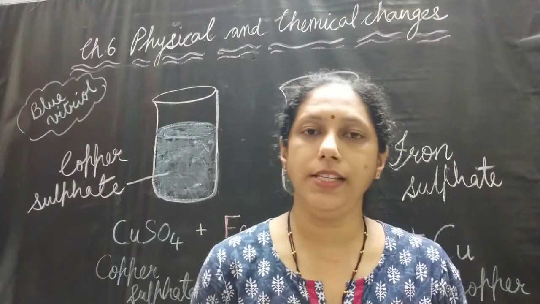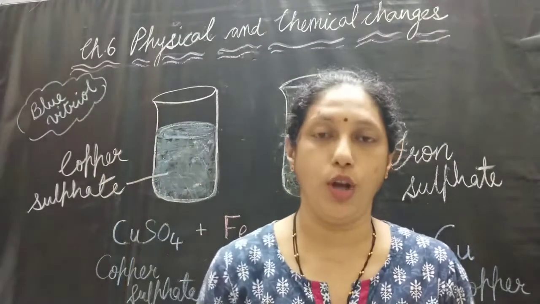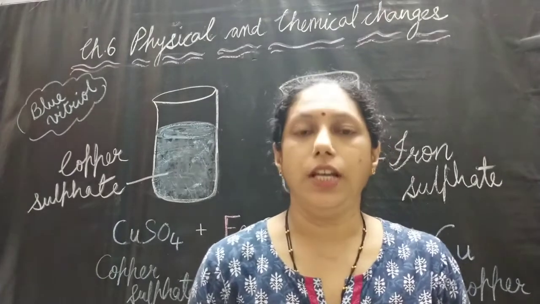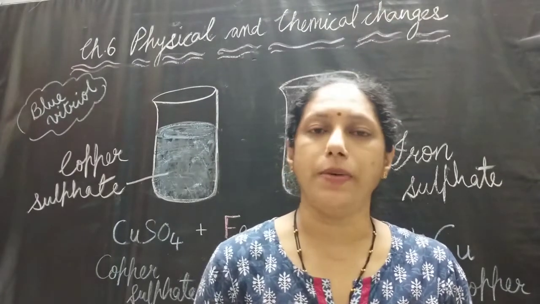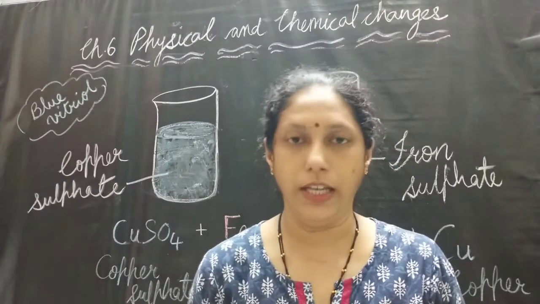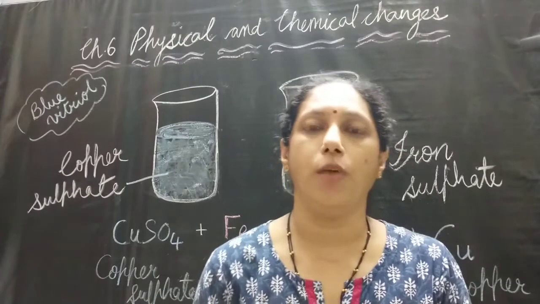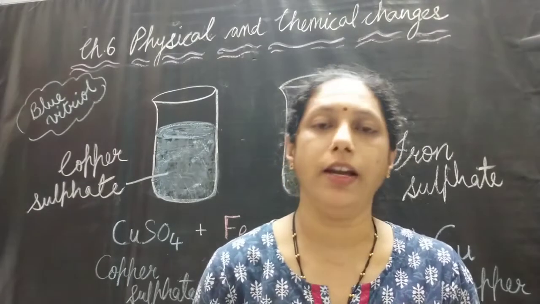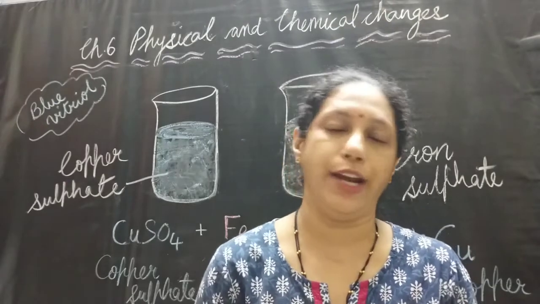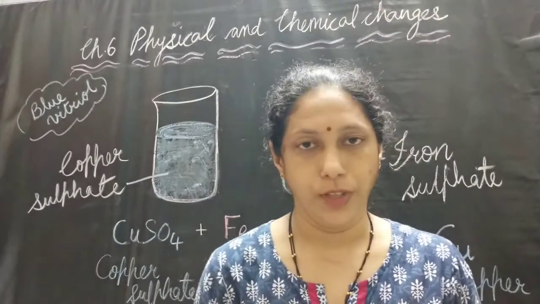Next activity is done using copper sulphate, which is also known as blue vitriol or nila thota. In this activity, a teaspoonful of copper sulphate is taken in half a cup of water in a beaker. This water and copper sulphate is mixed and a few drops of dilute sulfuric acid are added to it. The solution turns blue.